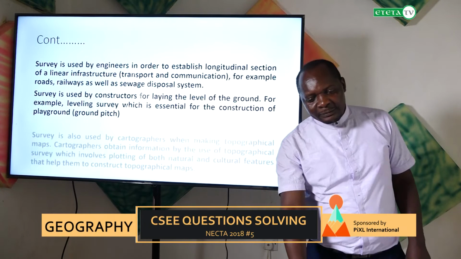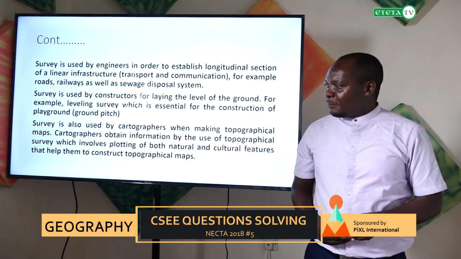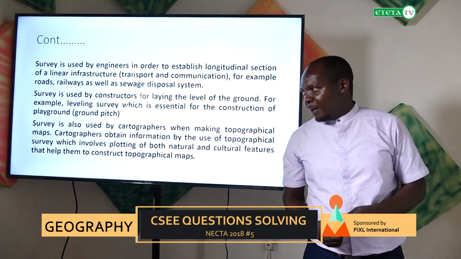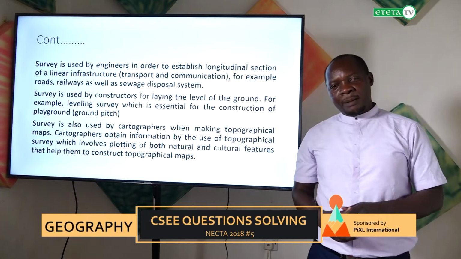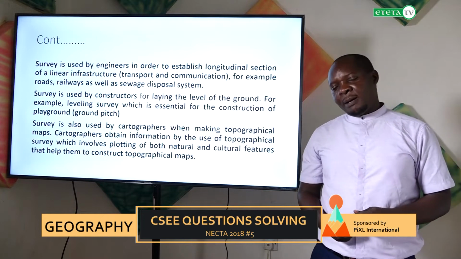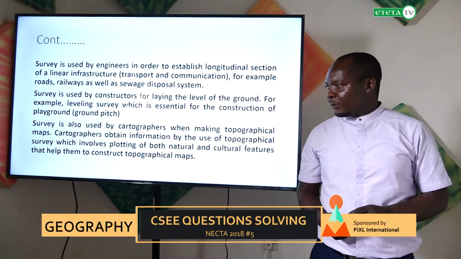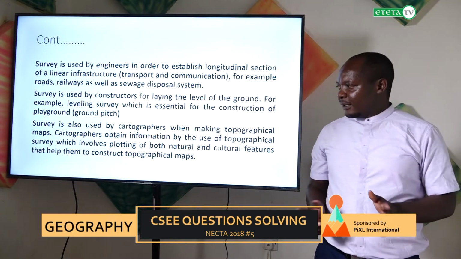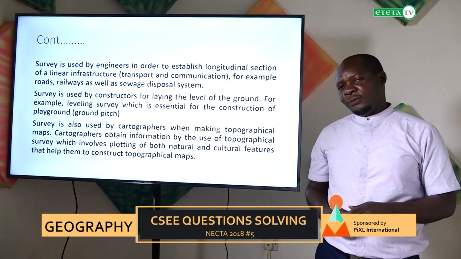But again, number 3, survey is used by the cartographer when making topographical maps. A cartographer is just a person who draws maps. Before they draw maps, they should conduct what we call cartographical survey in order to identify various features, whether they are man-made or natural features.